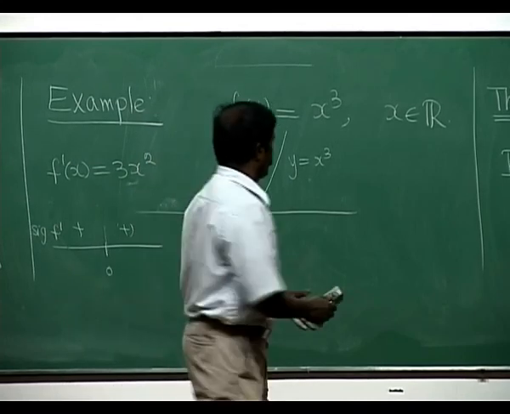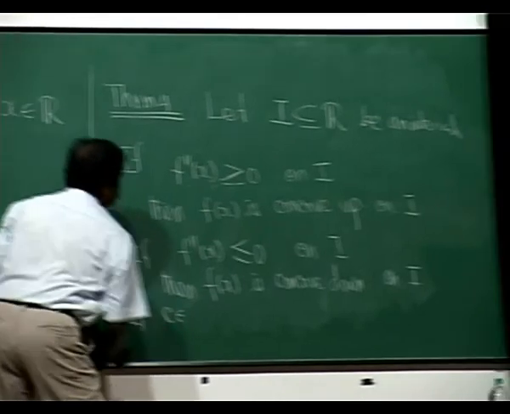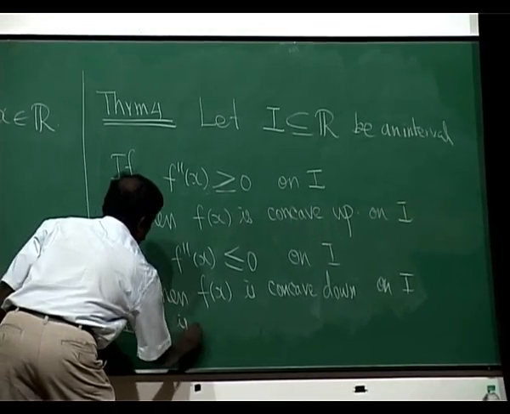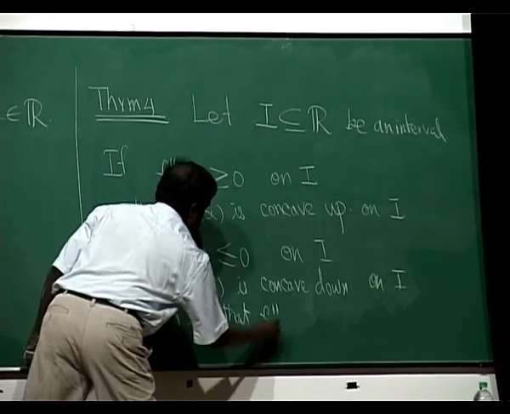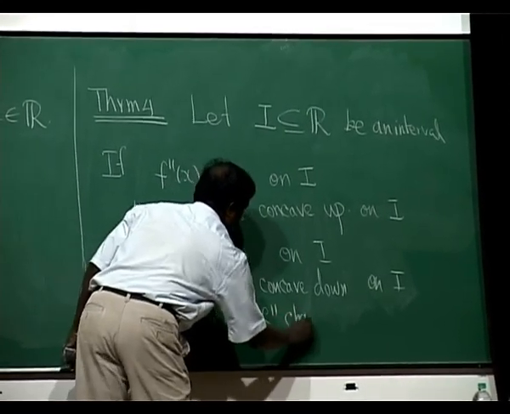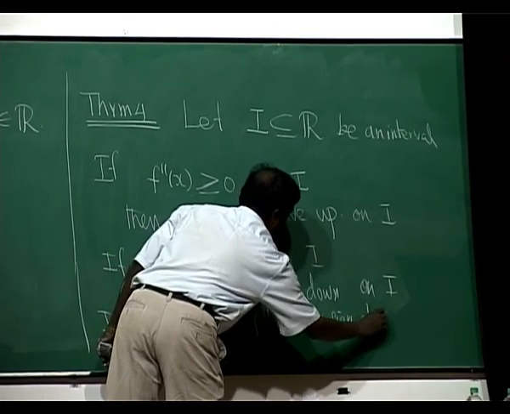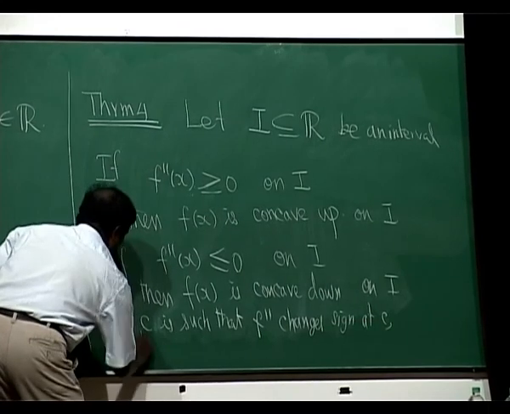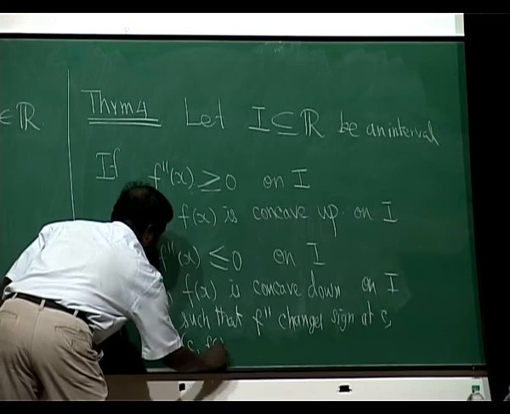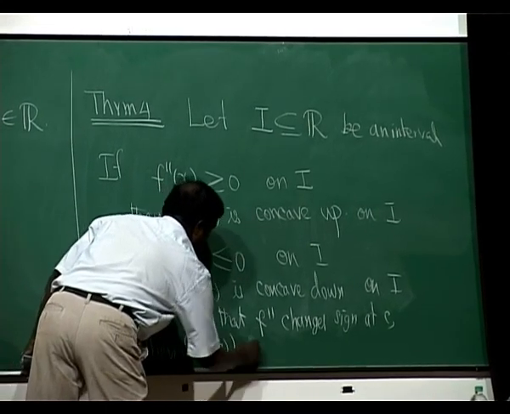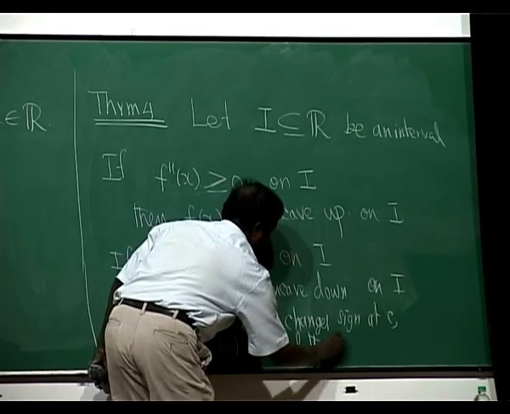So the point at which, let me say this, if C is such that f double dash changes sign at C, then this point C, f of C on the graph, is called the inflection point.